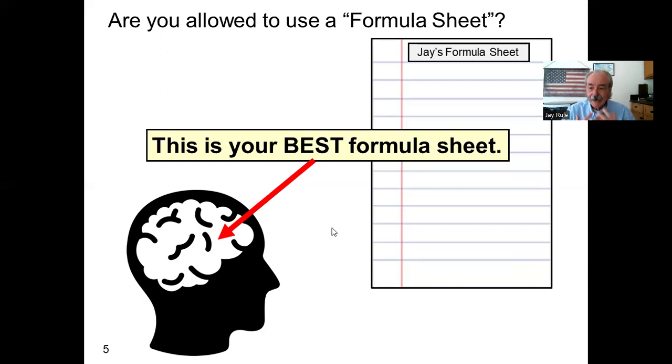So I can only highly recommend that you only use a formula sheet as a crutch as you need. Keep formula sheet information to a minimum, because your head, what you've learned and perform in the class, is your best formula sheet moving forward on the exam, your subsequent classes in ME, and then your practice as an engineer.